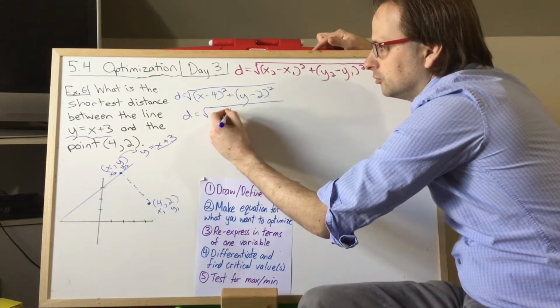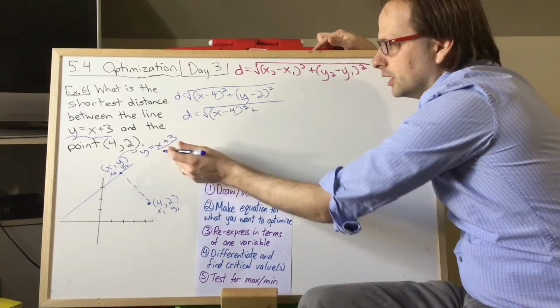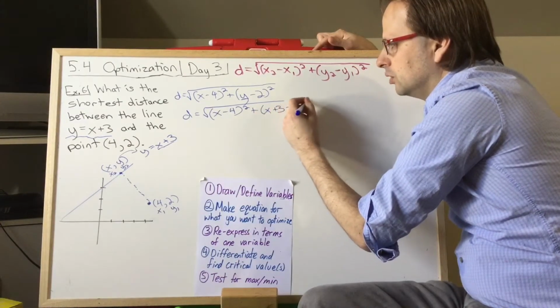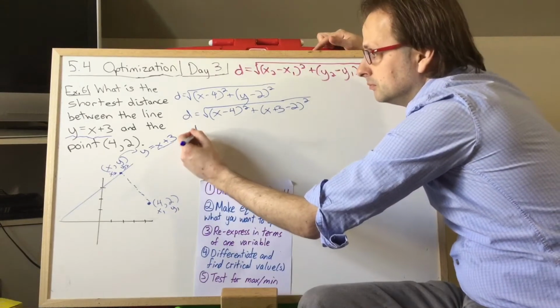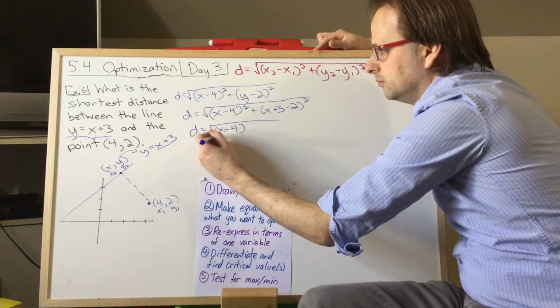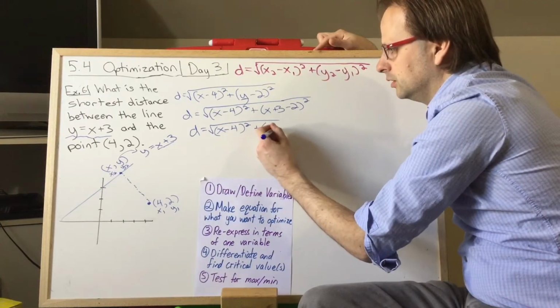So I've got x minus 4 all squared. Where I see y over here, I can put in x plus 3. And then minus 2 all squared. I can clean that up a little bit. So I have x minus 4 all squared. Plus, let's see, this will be x plus 1 all squared.